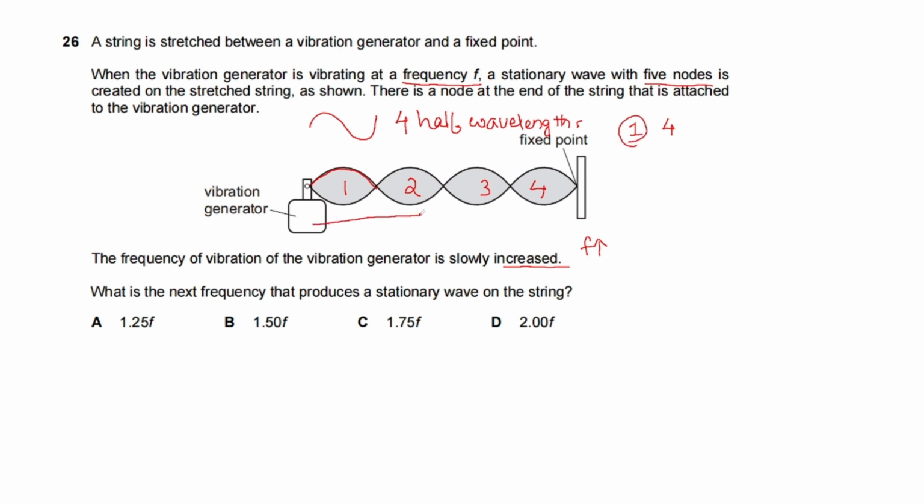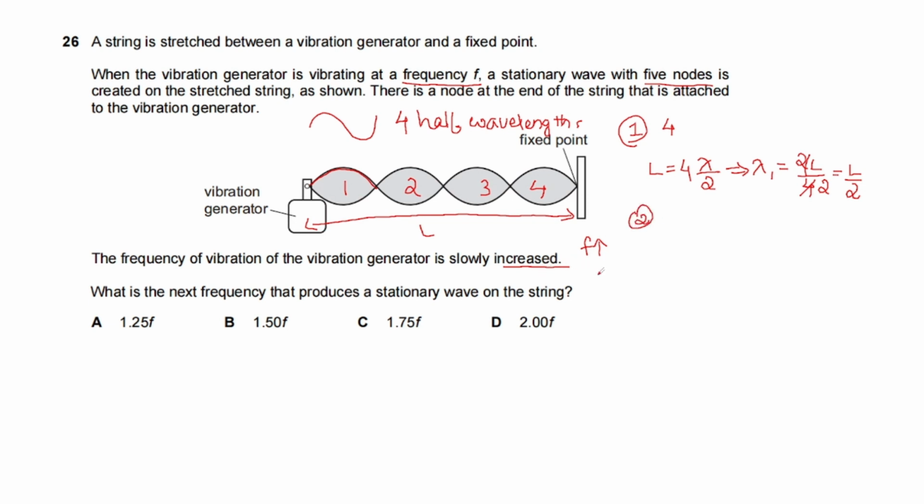If you consider the length of the whole stretched string as L, in this length L we have 4 half wavelengths. So we can rearrange to find the wavelength in the first condition. We can term it lambda 1, which will be equal to 2L over 4, so it will be L over 2.